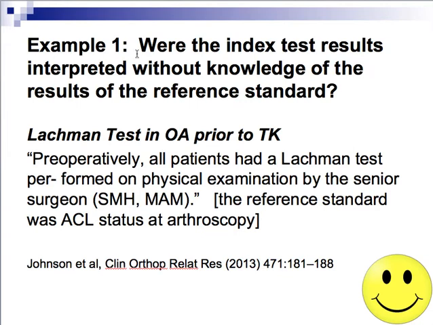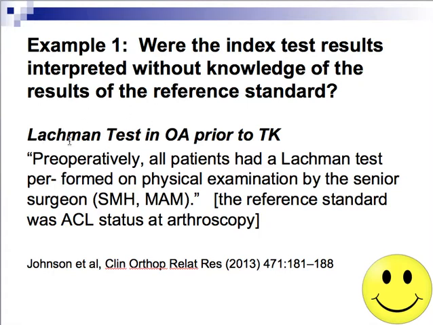The first question has to do with whether the index test results were interpreted without knowledge of the results of the reference standard. So this has to do with when it was administered, did the person doing the test have knowledge of the gold standard before? That's obvious, because then they wouldn't be blinded to the actual study results. And so you'll usually find a sentence in the text somewhere.